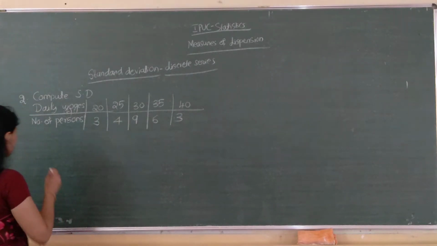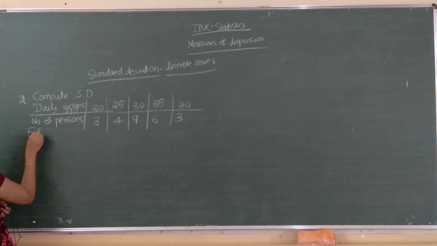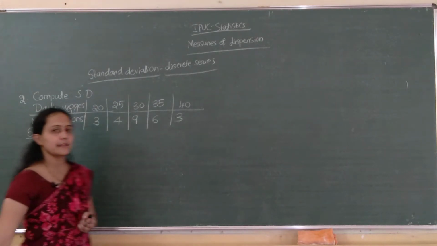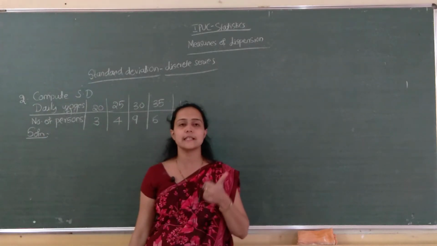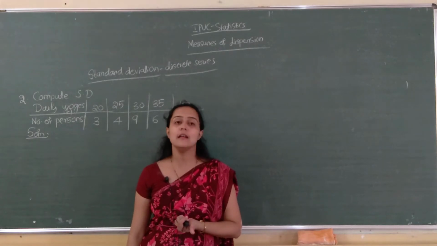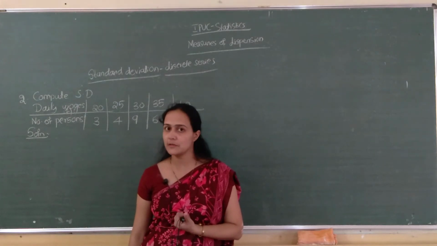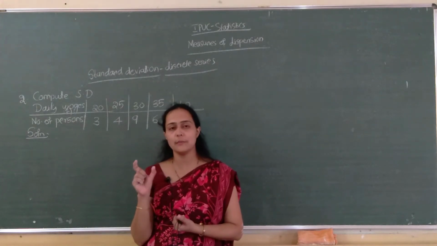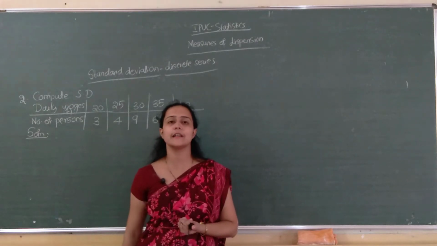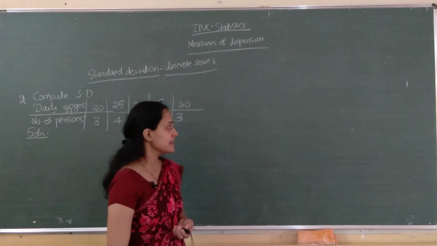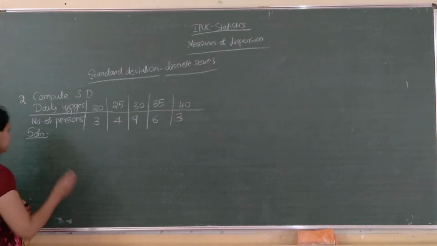Correct now? See, using the second method, do you remember the formula? Yes, it is the square root of sigma fx square by n minus sigma fx by n the whole square. So, just remember the formula and construct the columns required for that formula.